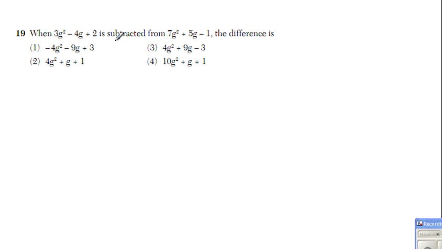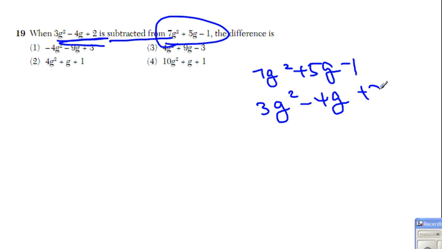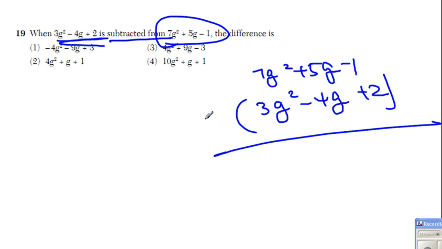Number 11. Now the word subtracted from means from here we have to subtract this. So 7g squared plus 5g minus 1. That means we have 3g squared minus 4g plus 2. Now, difference simply becomes negation.